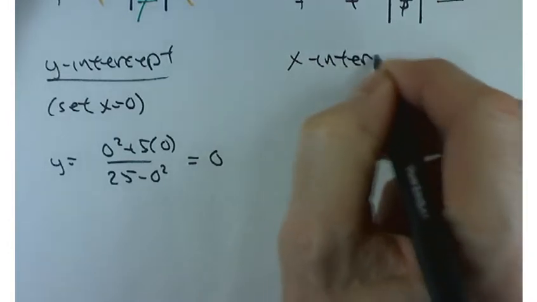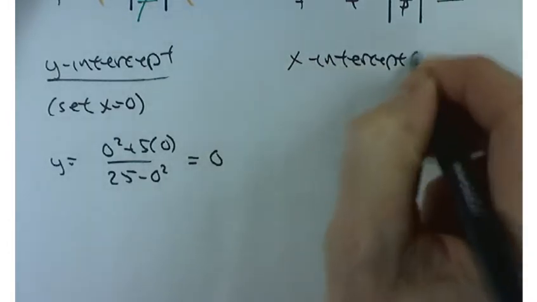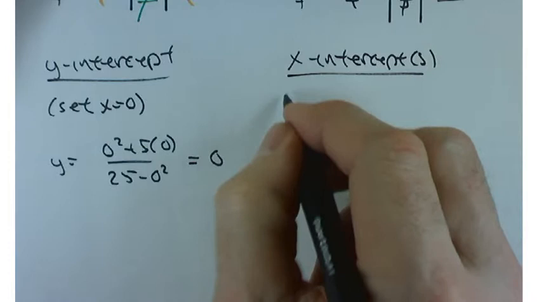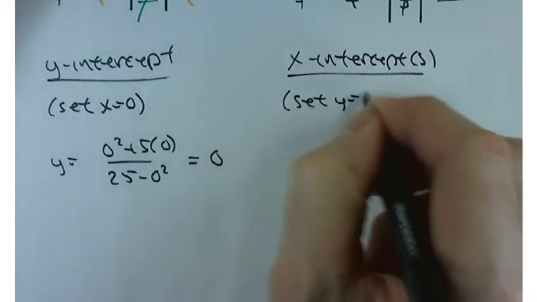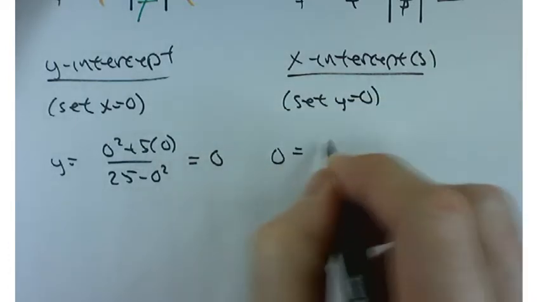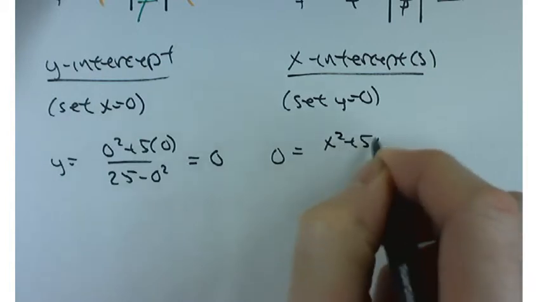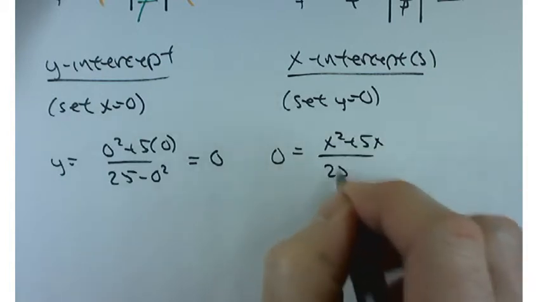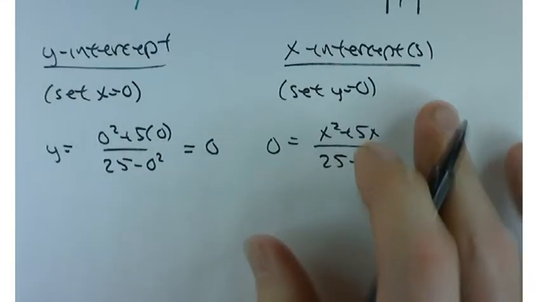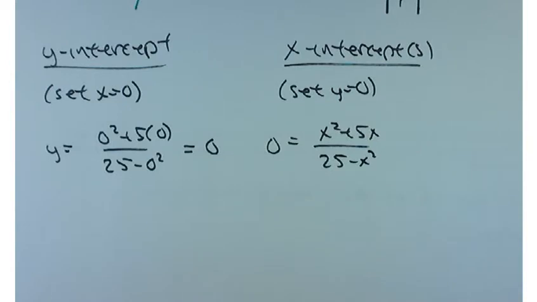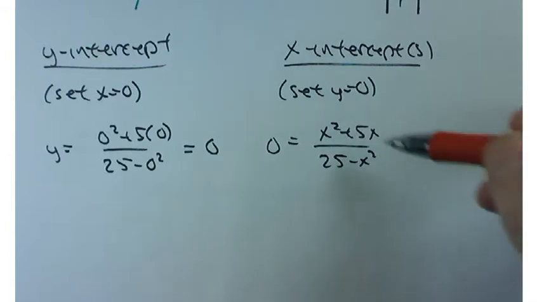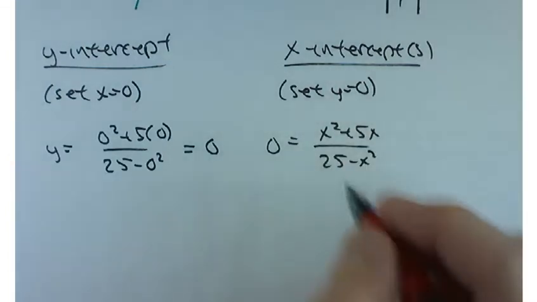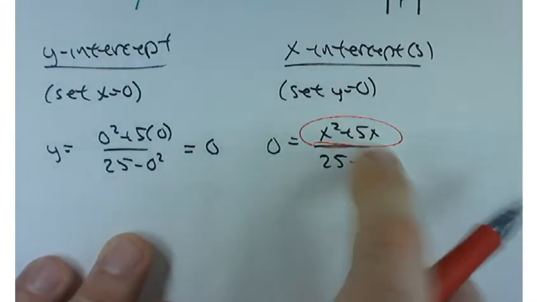X-intercepts. Set y equals 0. Now, the thing about rational functions, they'll equal 0 where the numerator is equal to 0.